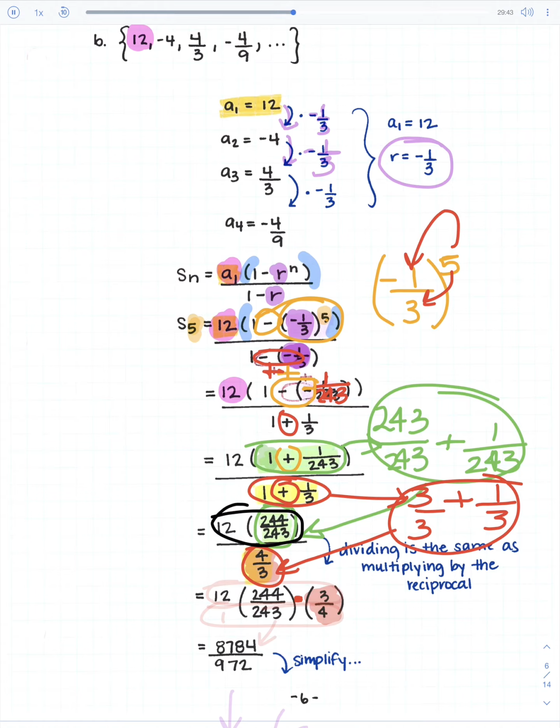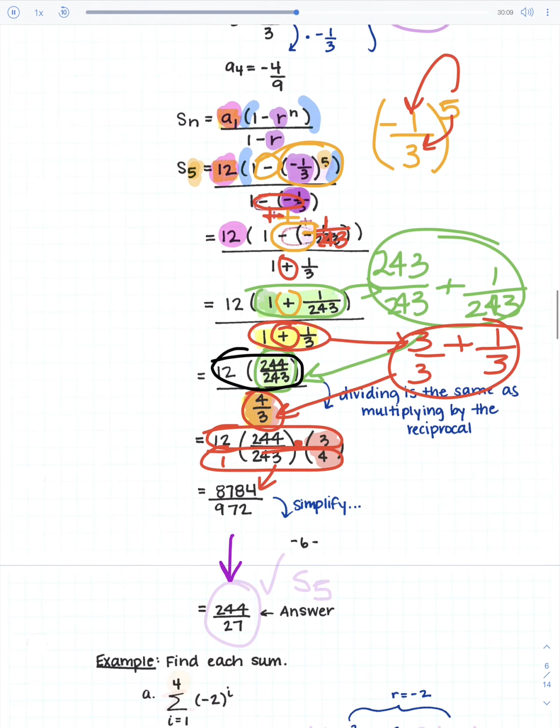Well, then you can multiply straight across, and remember the 12 is 12 over 1, so multiplying straight across the top and straight across the bottom, we get 8784 over 972. We just need to simplify that, and it does actually take quite a bit of simplifying, but reducing that fraction, we would get 244 over 27. And that's our sum for adding up the first 5 elements of this geometric series.